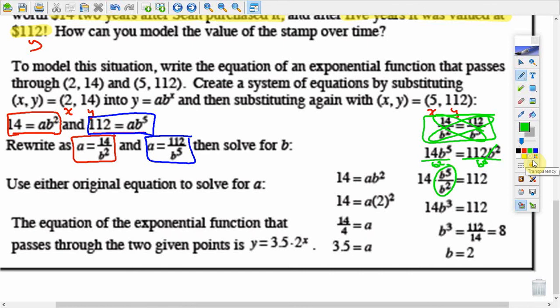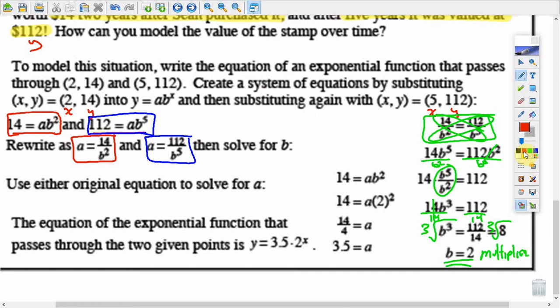When we divide both sides by 14, we get b cubed equals 8. Take the cube root of both sides, and b equals 2, which is our multiplier. So this stamp is doubling in value each year. That's what the multiplier means.